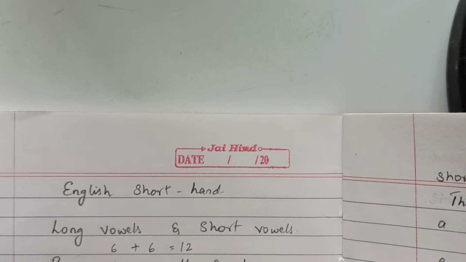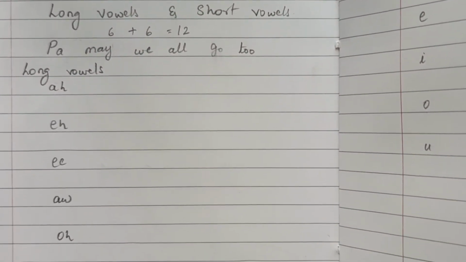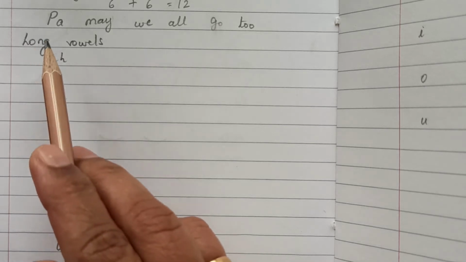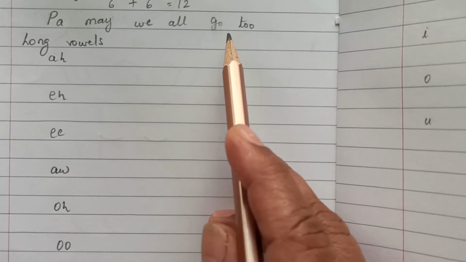These long vowels are A, E, A, O, U. I'll repeat again. Long vowels A, E, A, O, U. And these 6 long vowels can be remembered easily with the phrase Pa, may, we all go to.